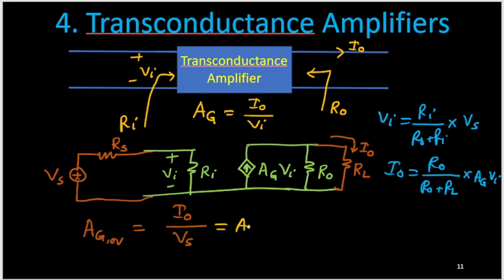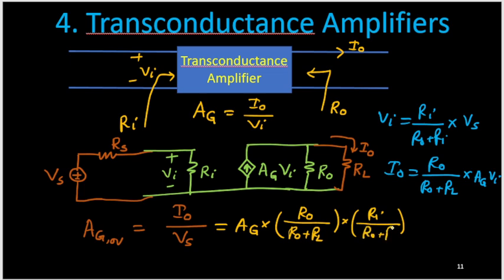Earlier it was Ag when there was no input source and no load connected. But whenever you connect a practical input voltage source and a load resistance, the gain is modified by two factors. The first factor is R naught upon R naught plus RL, and the second factor is Ri upon Ri plus Rs.